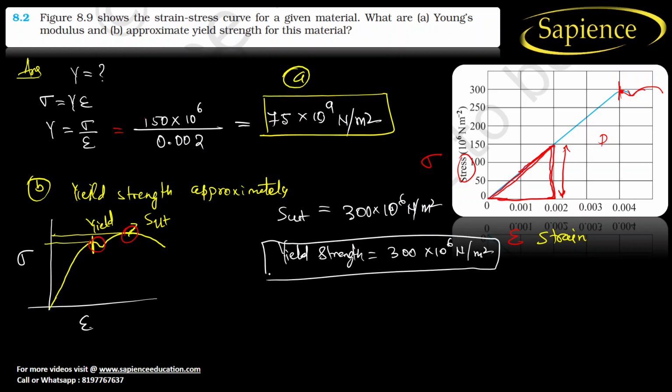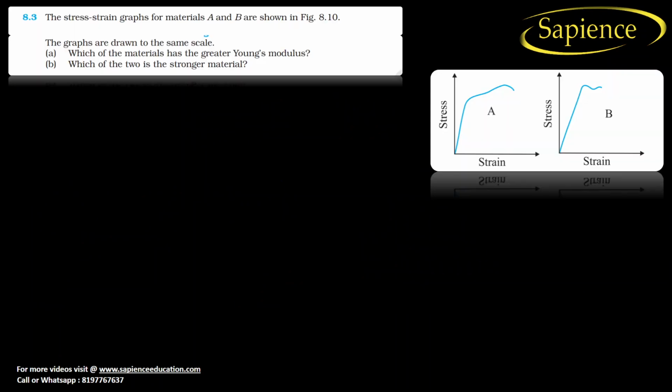But we can assume that approximately the answer will be 300 into 10 power 6 Newton per meter square, as per the question. Okay, I hope you have got the solution for part B. Now let us go to the third question.